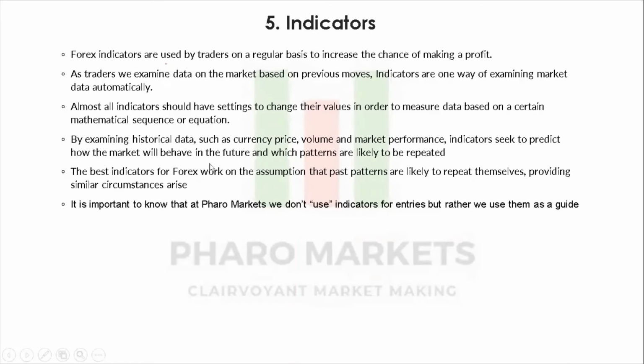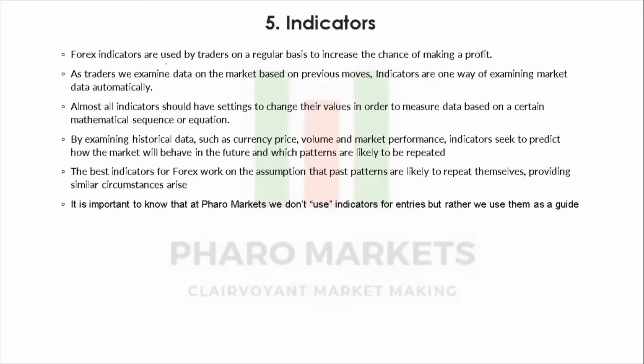The next thing I want to talk about is indicators. That's going to be on the platform. Indicators are used by traders on a regular basis to increase their chances of making a profit. Those of you who study PTMM would know that we use the EMAs, the moving averages. As traders, we examine market data based on previous moves, and indicators are one way of examining the market data automatically, if that makes sense.